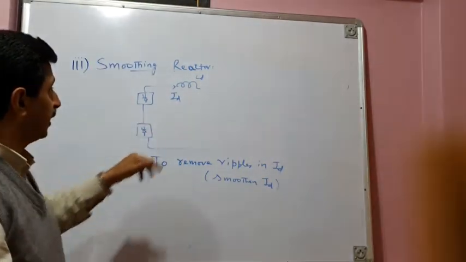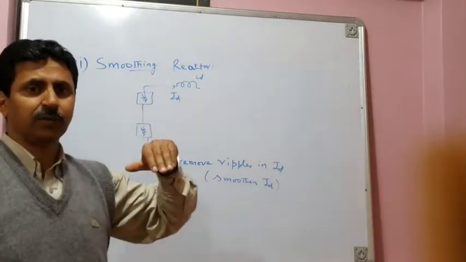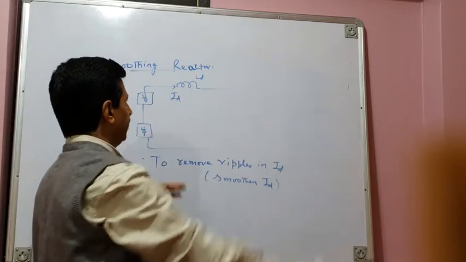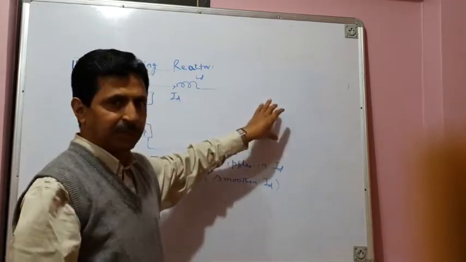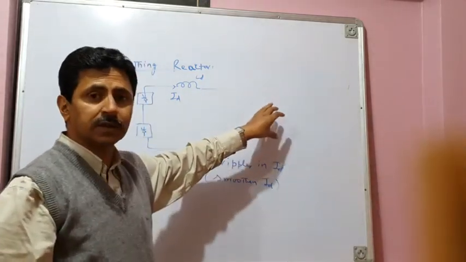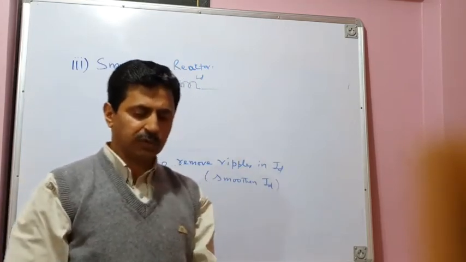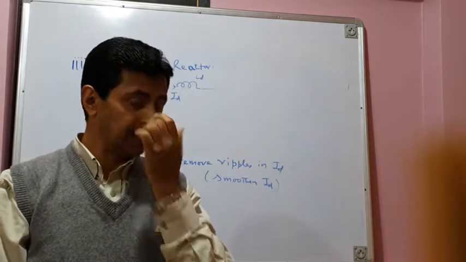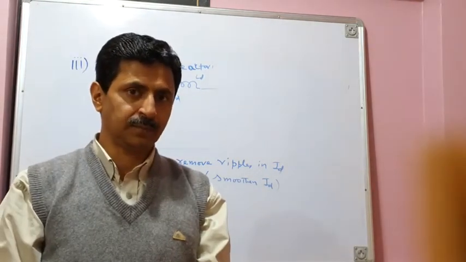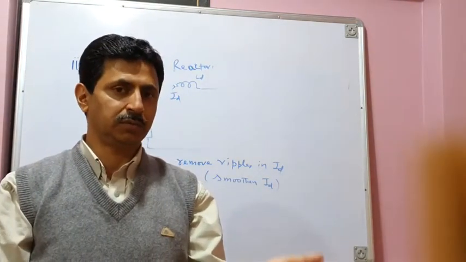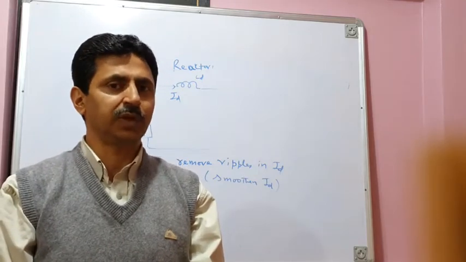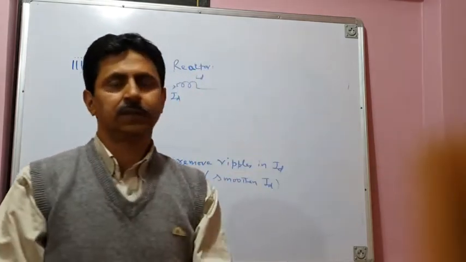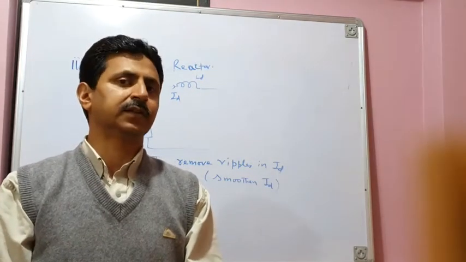Another function is that it decreases the rate of rise of current. Suppose a fault occurs on the inverter side. If this is the rectifier side, this may be the inverter side. In future you will study in one of the classes that a fault on the inverter side results in commutation failure. I hope many of you know what a commutation failure is. So an inverter fault will instantly result in commutation failure.